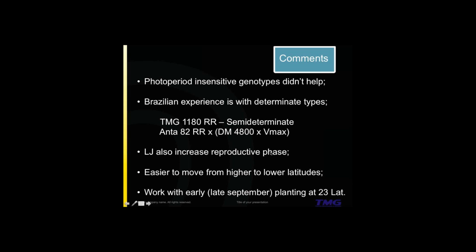But one is able to select recombinants that have a little shorter reproductive phase if you want. So in a population, you can find some recombinants that allow you to introduce a long juvenile trait without increasing too much the entire cycle or the maturity of the variety, okay?